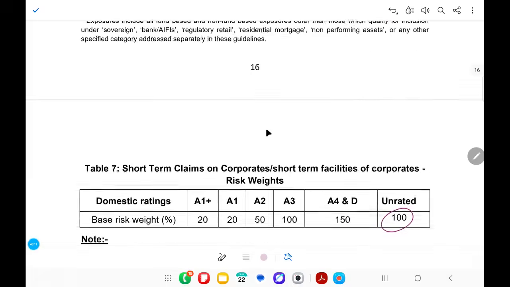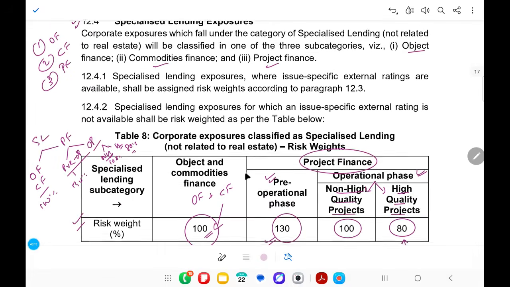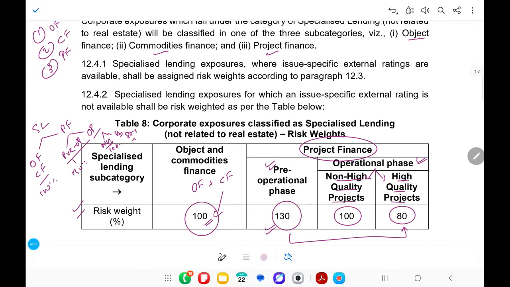Then we have seen the specialized lending exposures. This is a subcategory covering project, object, or commodity finance and is risk weighted at 100% to 130% during the pre-operational phase, or for non-high quality projects. But high quality project finance in the operational phase benefits from a preferential 80% risk weight.